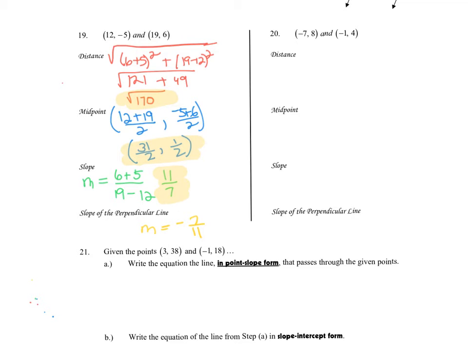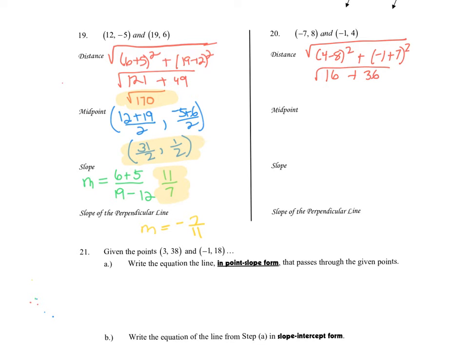All right, 20 is the same problem, those same three things. And so we'll start with looking at the distance formula. So square root of, we're going to take the differences of the x values here and square that. And then the differences of the y values and square that.